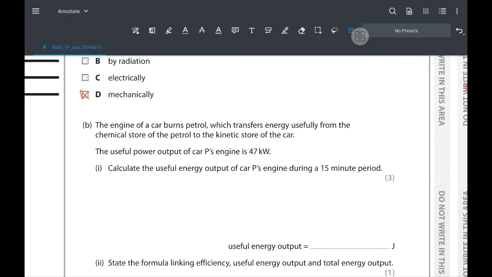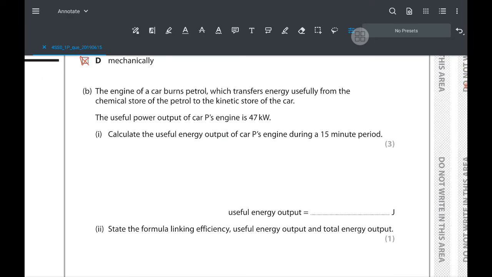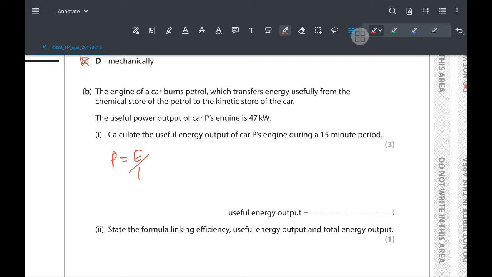The useful power output of the car's engine is 47 kilowatts. Calculate the useful energy output of the car PS engine during 15 minutes. So we need to find energy. We can use power equals work done over time, or energy over time. I'll use P = E/T.